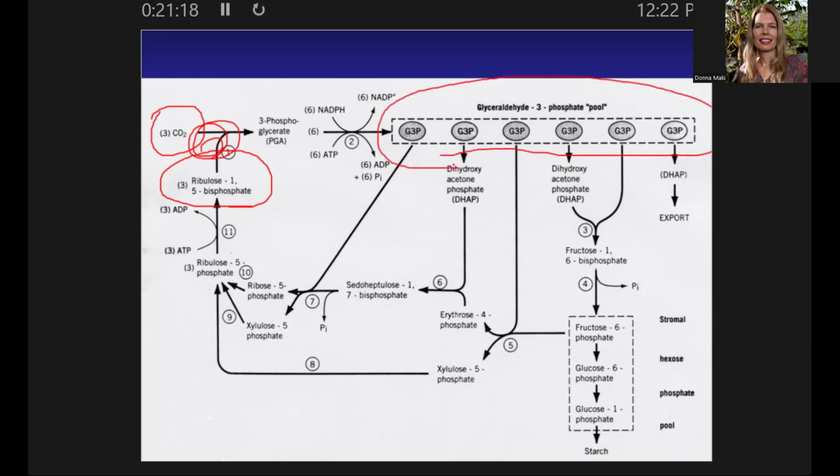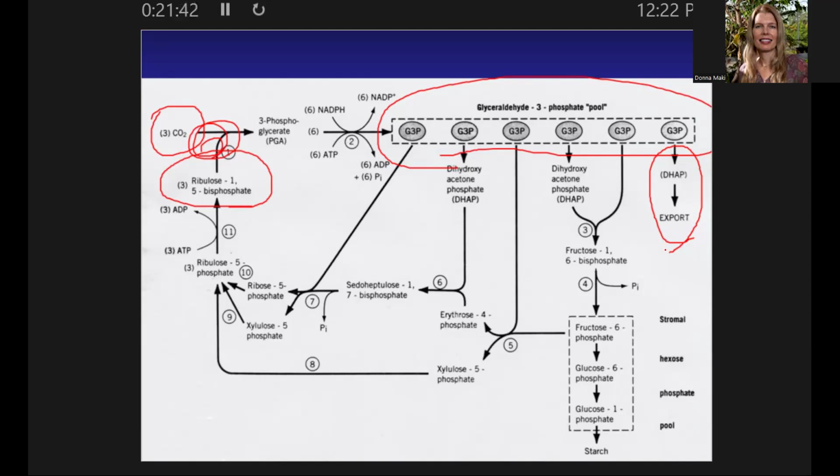So if you have 3 CO2, 3 RUBP, you'll end up with 6 molecules of G3P. They often refer to that as the G3P pool. You have 6 of them here. And this last one that they show, where it says DHAP export, that's the one that's going out into the cytoplasm.